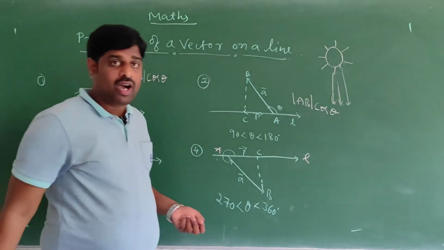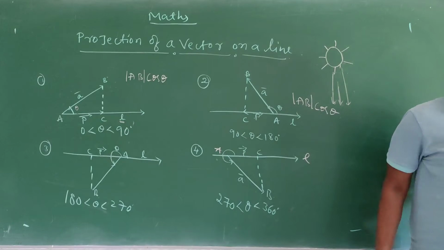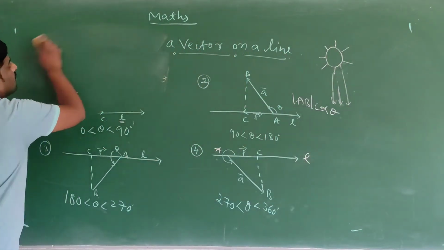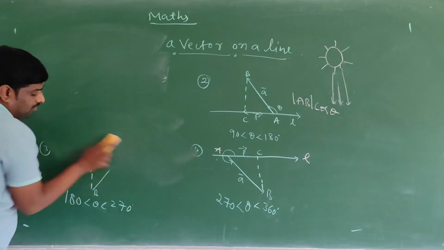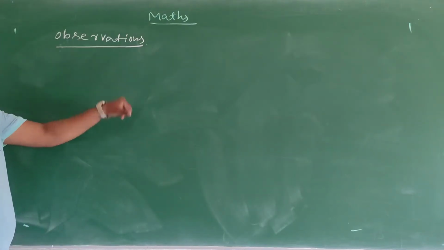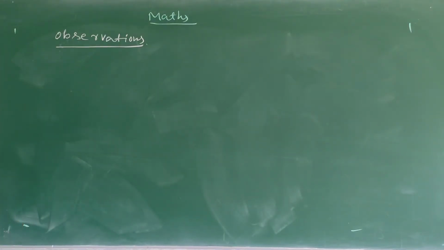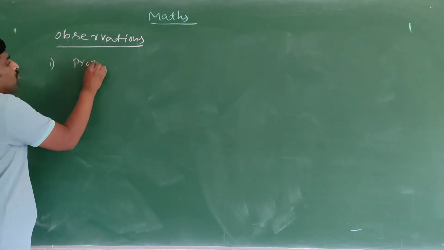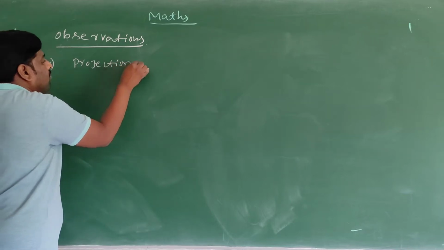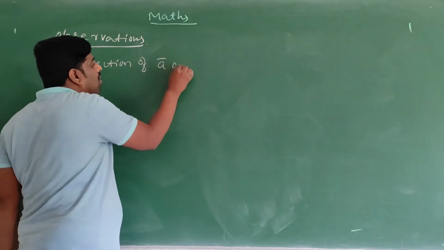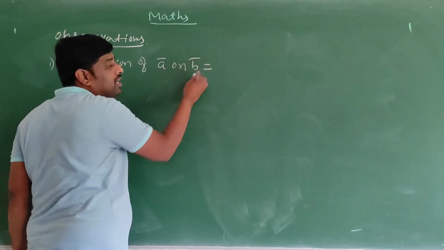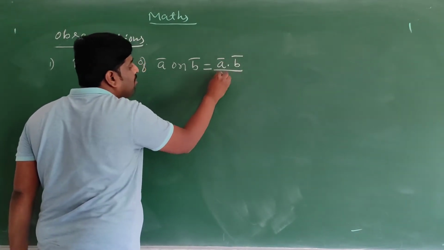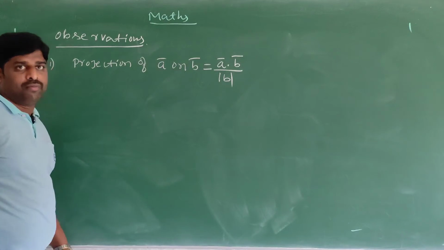Now I will move on to the observations of the projection of a vector. First point: the projection of A bar on B bar is A bar dot B bar divided by the magnitude of B bar.